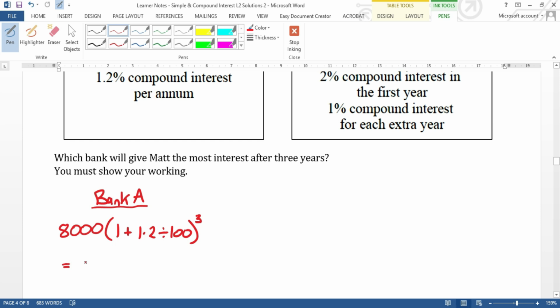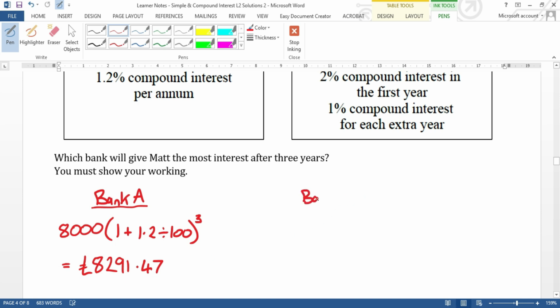Let me type that in. So 8,000, 1 plus 1.2% to the power 3. That gives me £8,291, and let's call it 47 pence to the nearest pence.